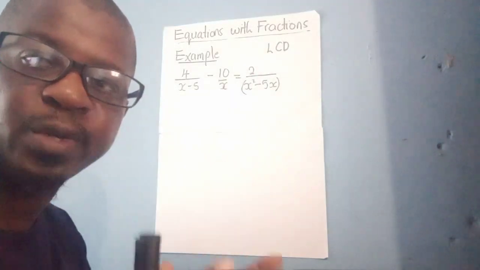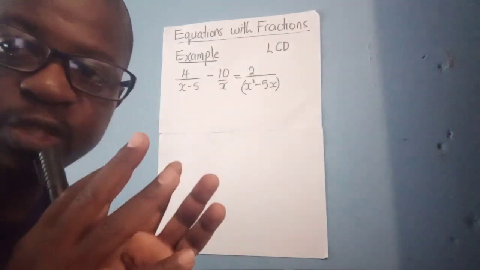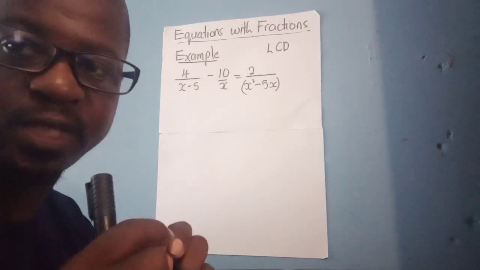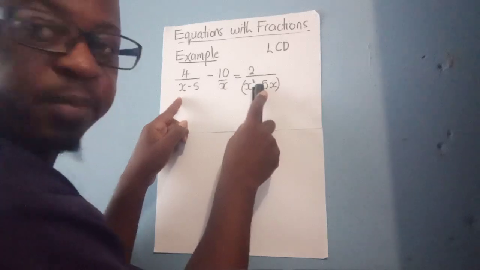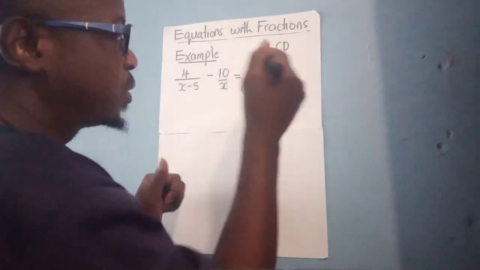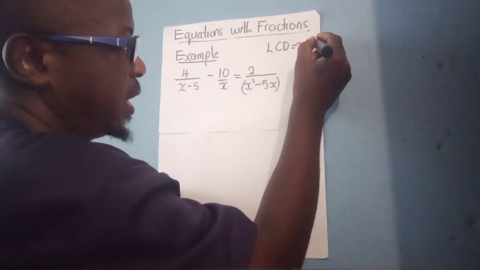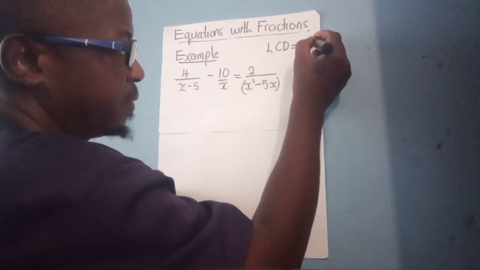By the way, it says lowest common denominator, which means we're finding the denominator but the lowest of these denominators. I'm going to come up with x and x squared minus 5x.